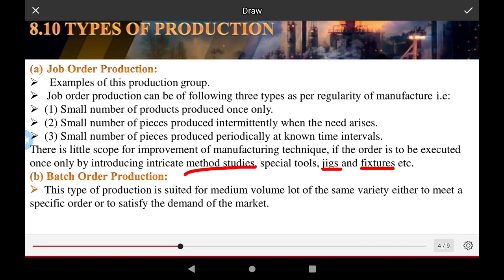In this production system, the production of the product depends on the demand of the market.